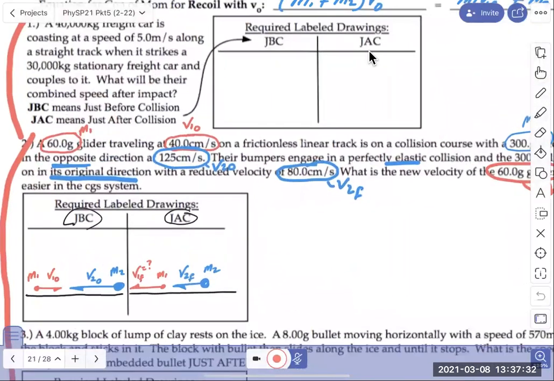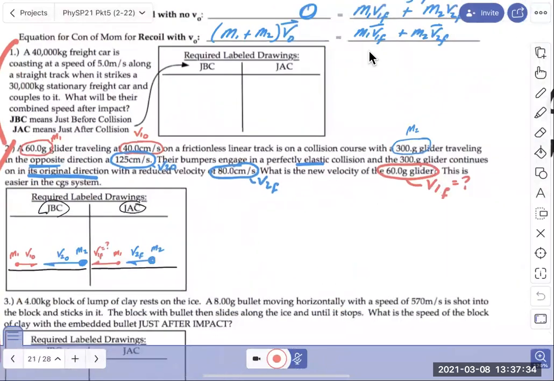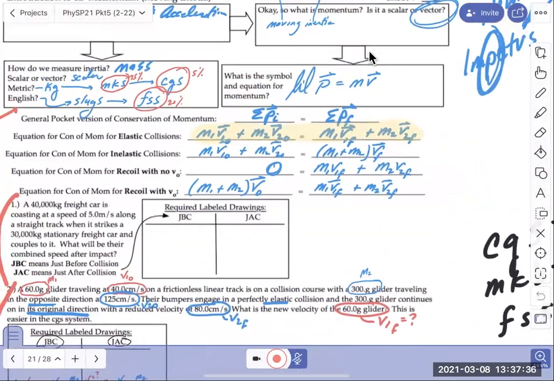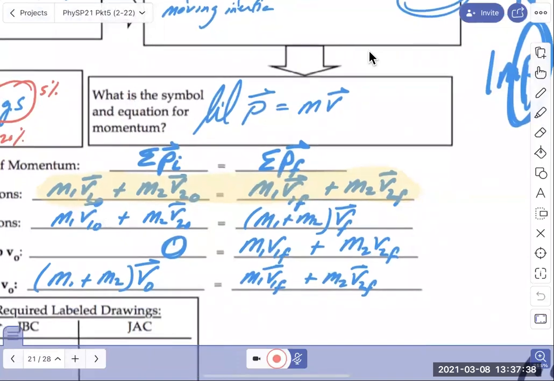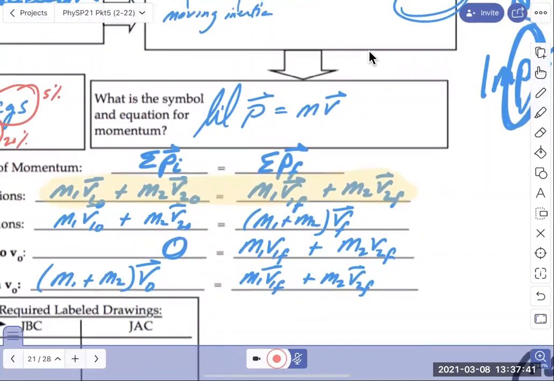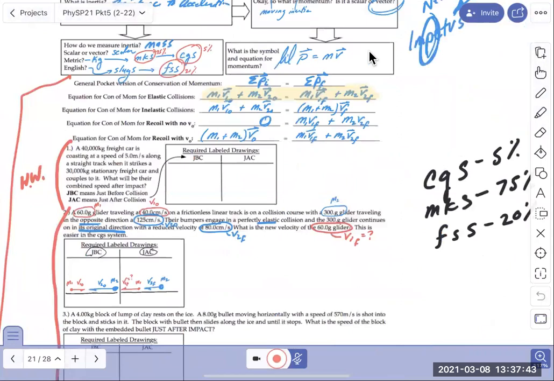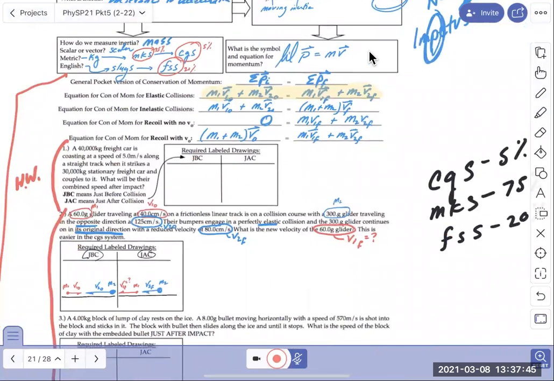Okay, if you start writing all the numbers in there, it's going to get really messy. So now, obviously, the equation we're going to use is the highlighted one there, the elastic collision. Let's do this very carefully, but I'm going to make two mistakes. Okay, now wait, don't tell me what they are until I'm done. But then hit your finger on the button so you can get the points here.